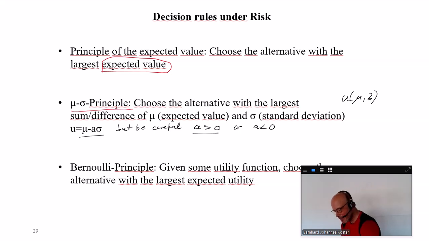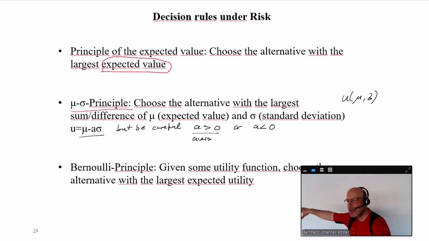So this would be then that I'm more or less risk averse. If it's less than 0, then I add standard deviation. Then the more my investment is fluctuating, the more I add, the higher is my utility.